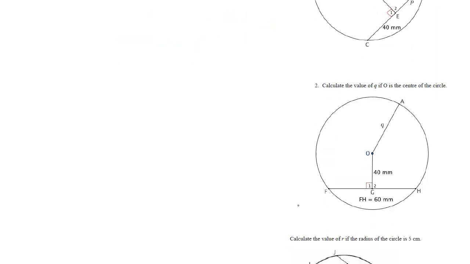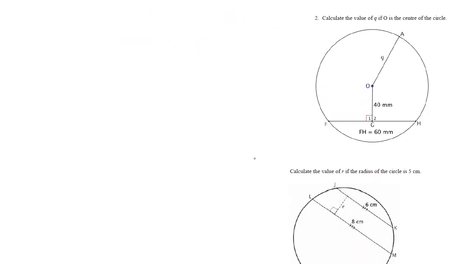Let's do number 2. Calculate the value of Q if O is the center of the circle. As you can see, GH is 60 millimeter. That means FG is equal to 30 millimeter, and GH according to Theorem 1 is 30 millimeter.